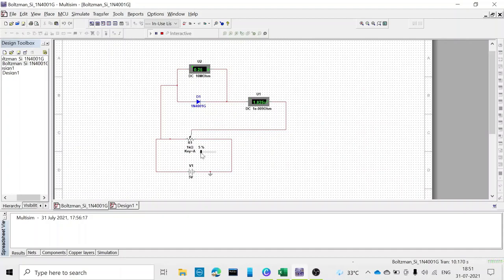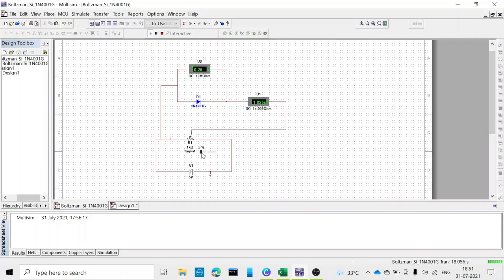Now you need to scroll down, that is, increase the percentage of the voltage supply. You can see that the voltage across the diode is 0.5 to 5, which, as I also told you earlier, is in millivolts. Now talking about the current, it is 1.8 to 5.